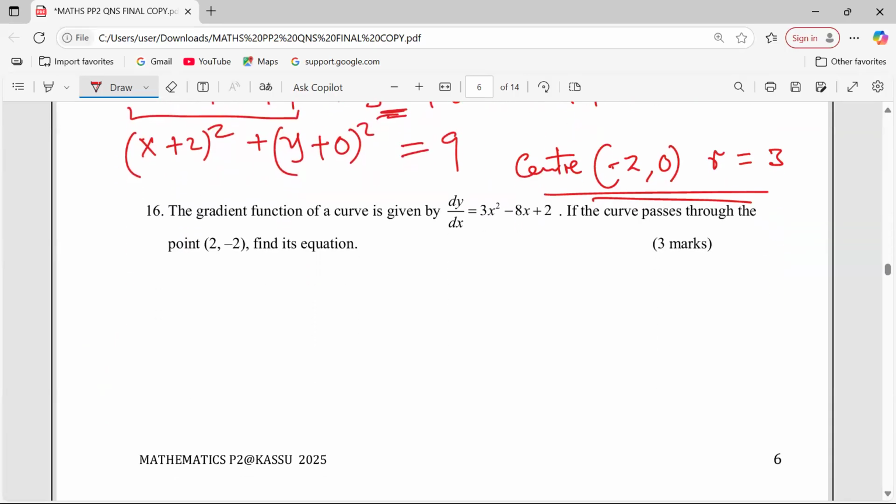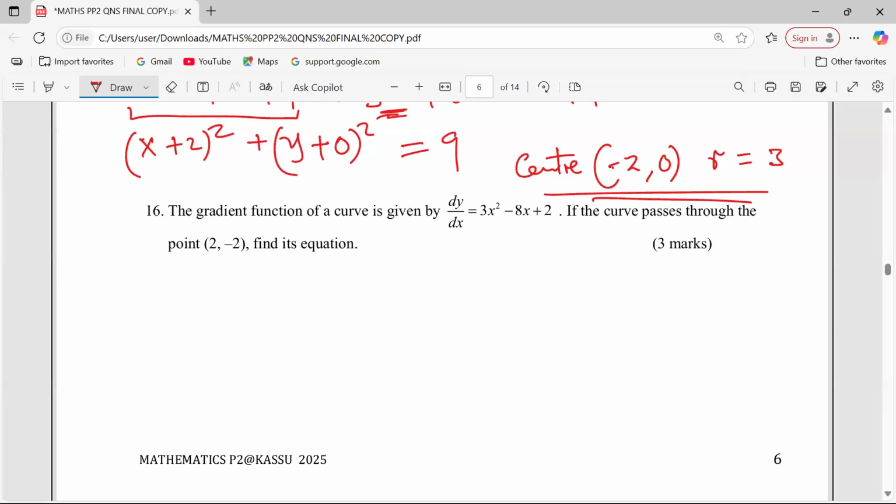The gradient function of a curve is given by dy/dx equals 3x squared minus 8x plus 2. The curve passes through (2, negative 2). Find its equation. One thing that you're supposed to understand in this case is that we are having the equation for the gradient function.